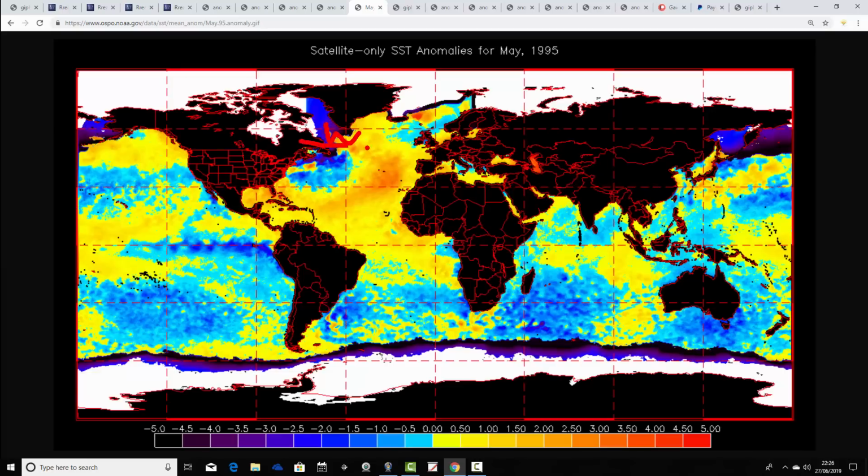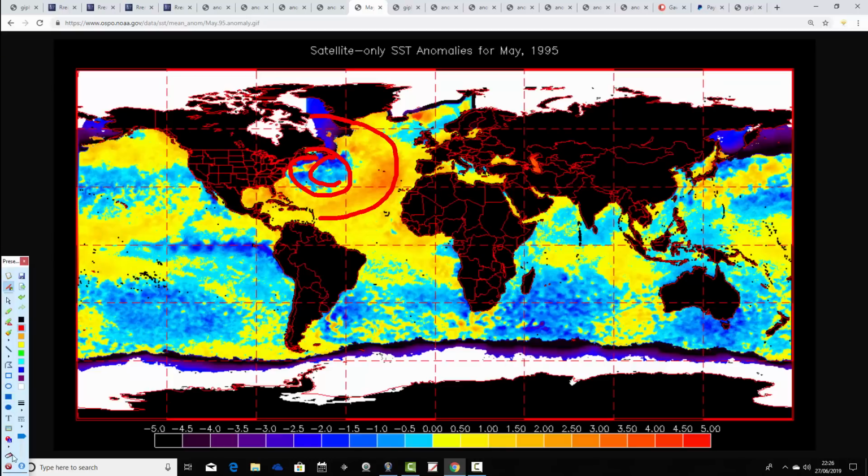So it's warm up there, it's cold around there, and then it's warmer down here and going into the tropical Atlantic. It's a little bit different compared to the other two examples because the warmer than average area is kind of like in a horseshoe shape actually with this, and then we've got it colder around there. So it's a little bit different, partly because of the projection of the map, how old the map is. But again, that's the kind of thing that we are looking for.